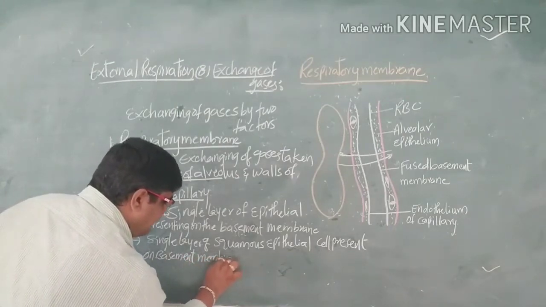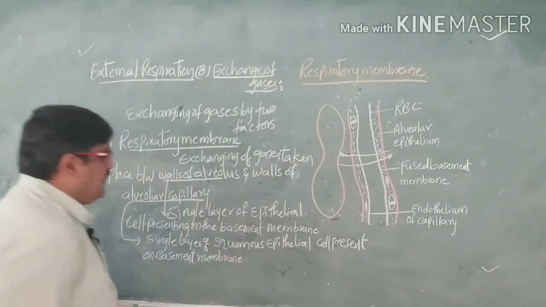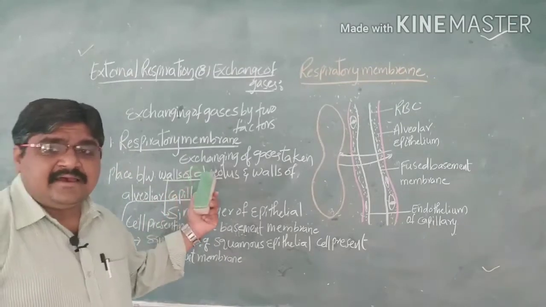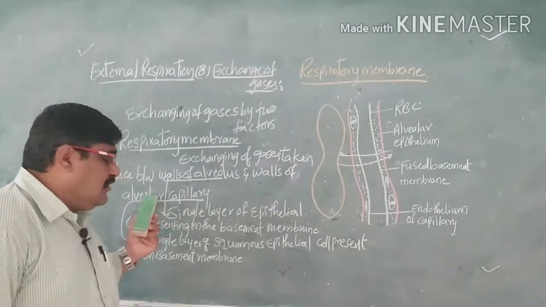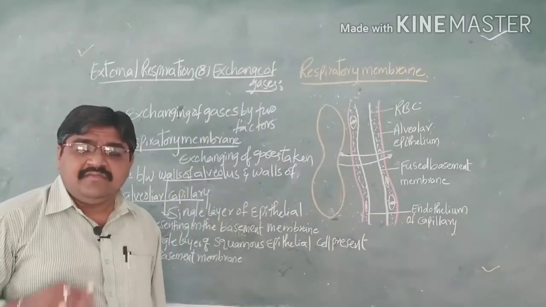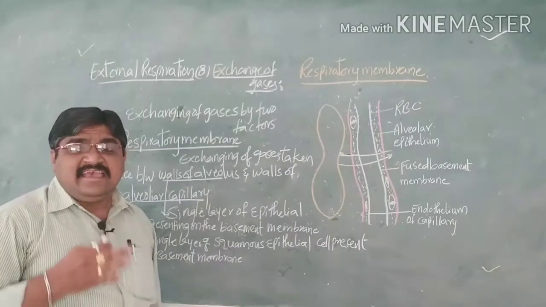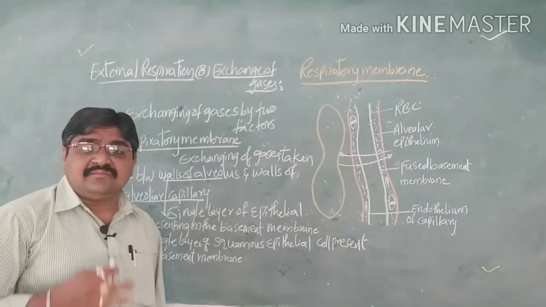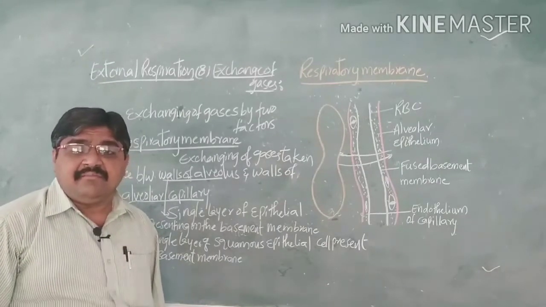So both the walls of the alveolus and the walls of the alveolar capillaries are made up of a single layer of epithelial cells on the basement membrane.